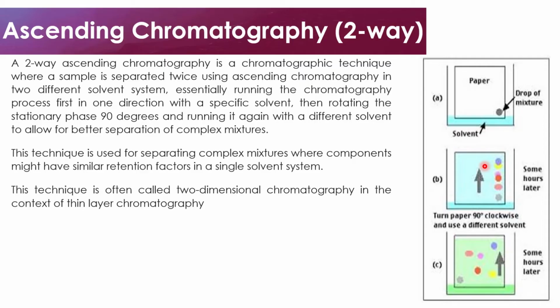To be able to separate these complex mixtures, that is, component 2 from 3 and component 4 from 5, we have to allow the chromatogram in setup B to air dry completely and then rotate the stationary phase 90 degrees clockwise and run it again in a different mobile phase, or solvent, to allow for better separation, as shown in setup C over here.